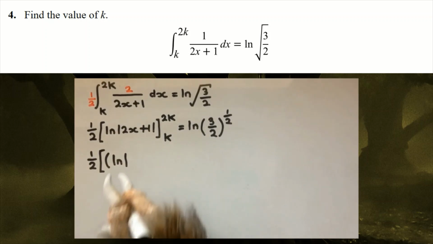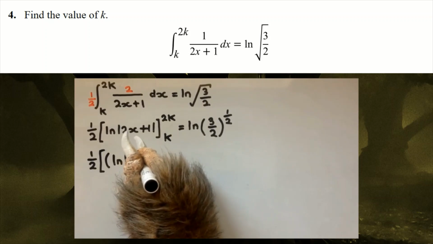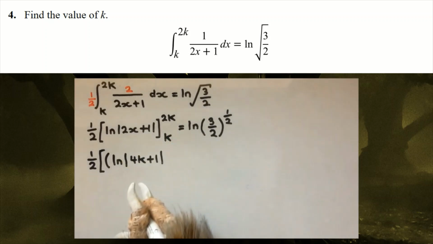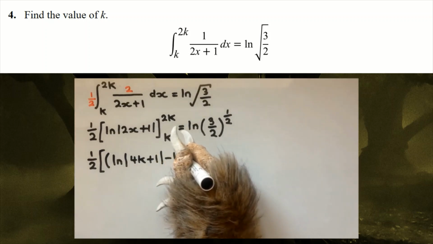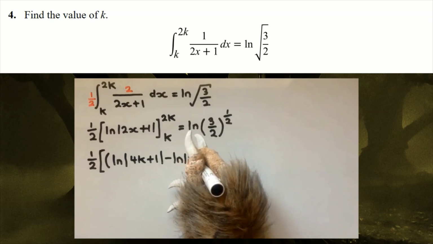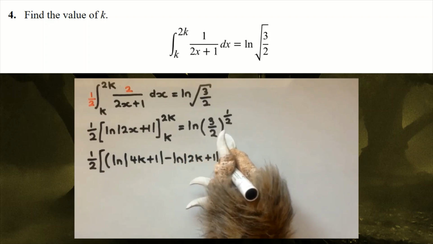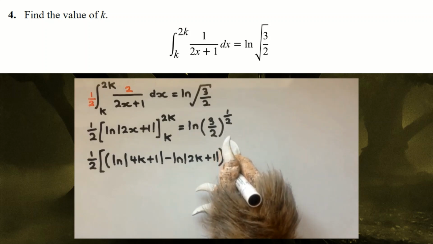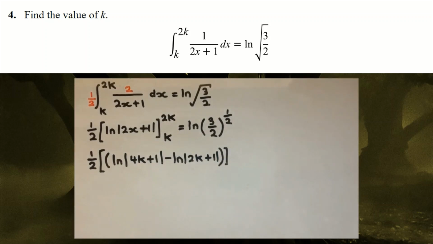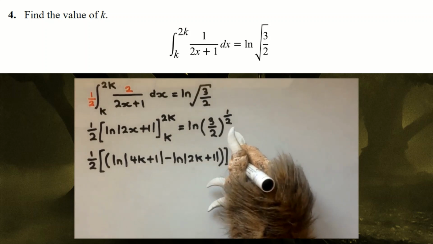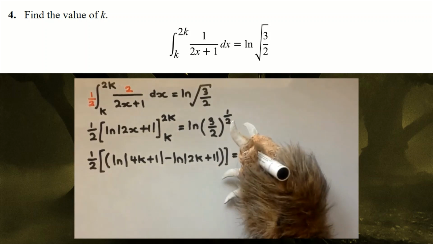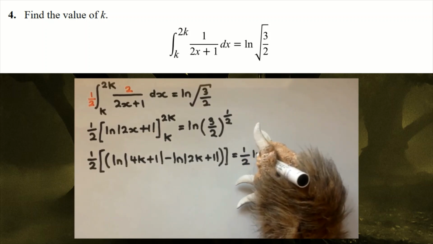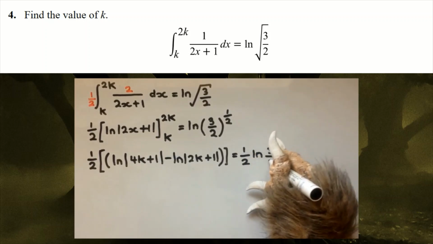So it's 2 lots of 2k, so that's going to be 4k plus 1, and then I'm going to subtract the natural log, and that's going to be 2k plus 1. Close that. And to be honest, I didn't actually need the curly brackets, did I? But never mind. And that's going to equal, now if you look on the right hand side, I can do a bit more work here. I can bring the half down to the front because that's the power law. So this is going to be 1/2 of the natural log of 3/2.